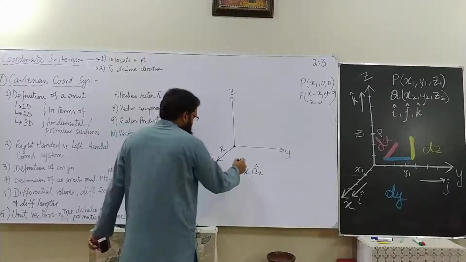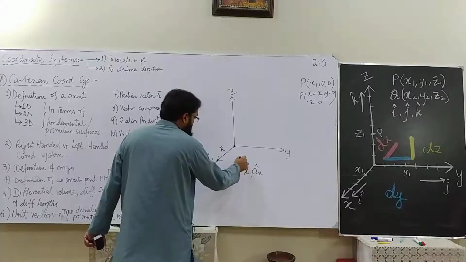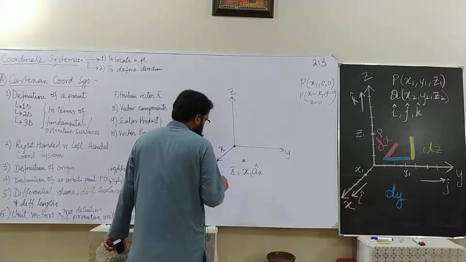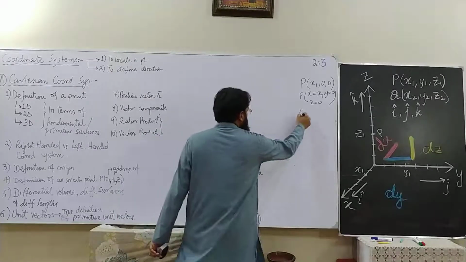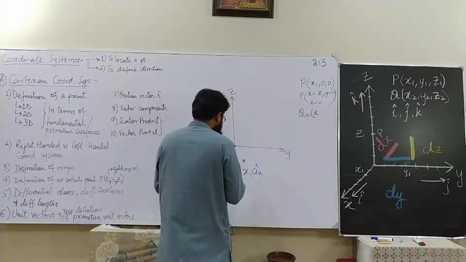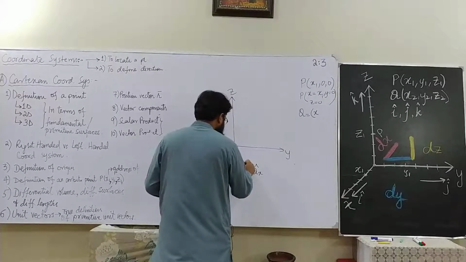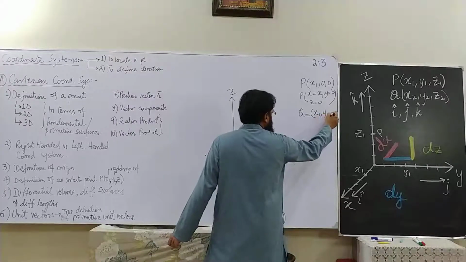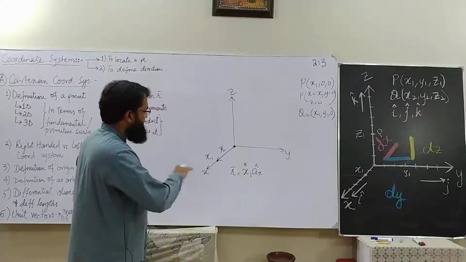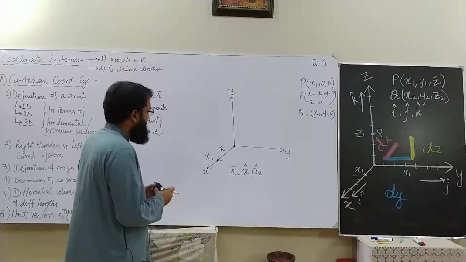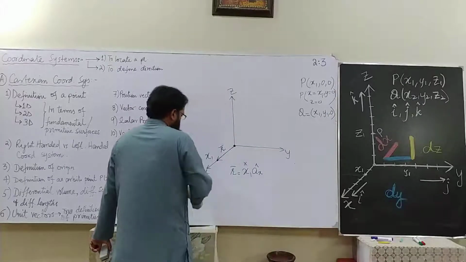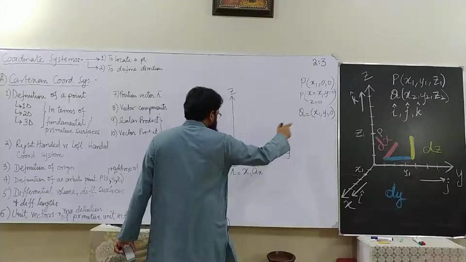To reach that point, or to give the address of that point, or to locate that point, let me call it Q, and let that point be (x1, y1, 0), meaning that this point is lying on the horizontal plane at z equals 0, right? So in other words, it is lying on the xy plane. So how do we reach that point?